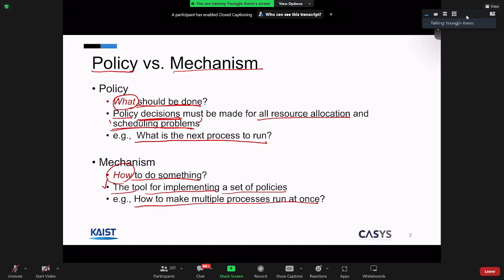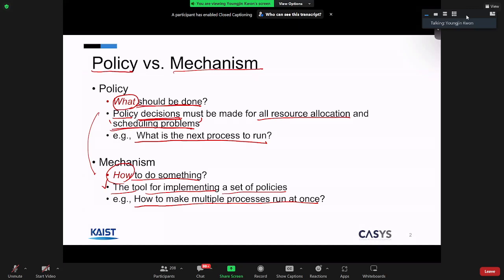Delve into these two things. Do you have a sense to separate what is policy and what is mechanism, especially in the context of scheduling? Think about it.